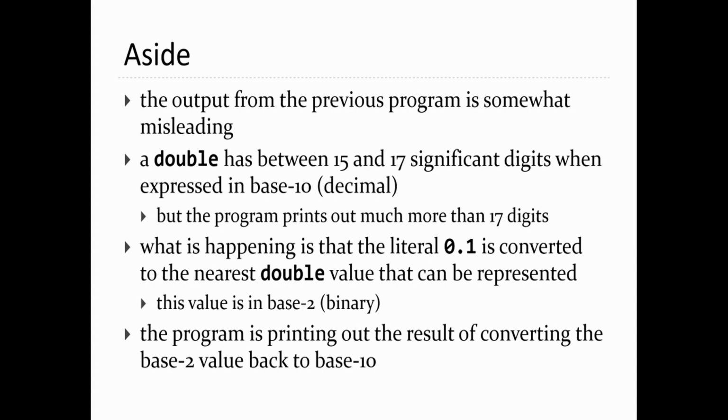And so that's why you end up with this big stream of digits. You're actually getting back the closest base 10 approximation of your base 2 value, which isn't the same as the original base 10 value. So if you ever find yourself wanting to type in 50 significant digits, it's a waste of time. When you type in a decimal literal, the computer can only represent up to 15 to 17 significant digits.